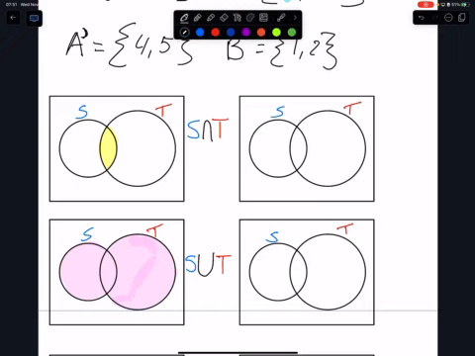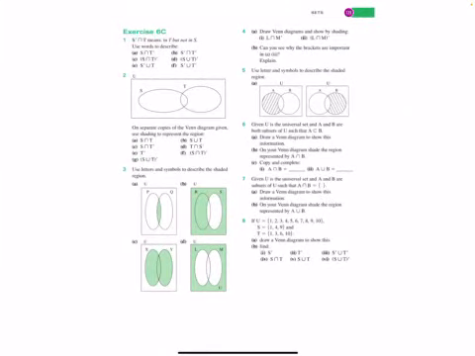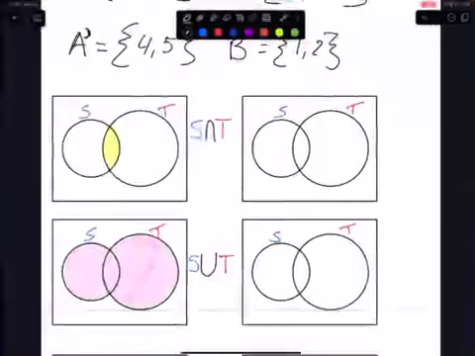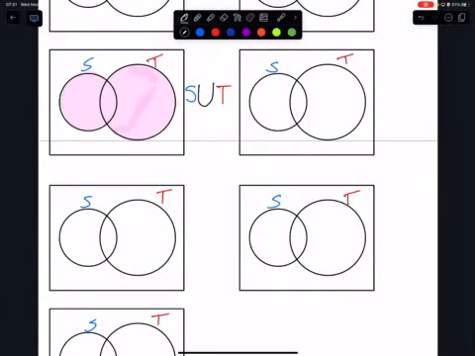Yeah, that's a question in here as well. C, S intersecting with T apostrophe. What do you need to look for?